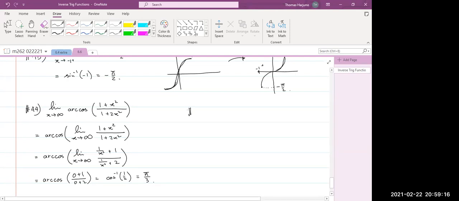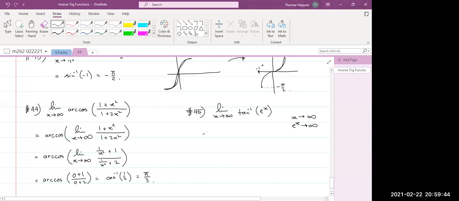Number 45. Limit x goes to infinity of arctangent, or let me write it as tangent inverse of e to the x. But when x goes to infinity, what will e to the x go to? It goes to infinity also, right?